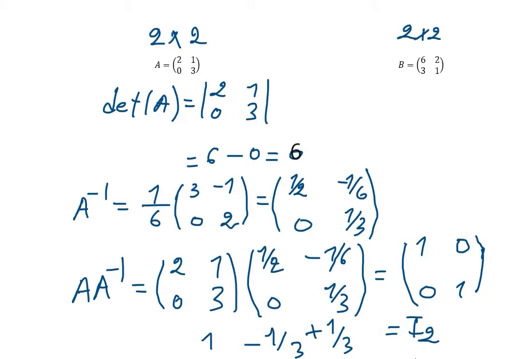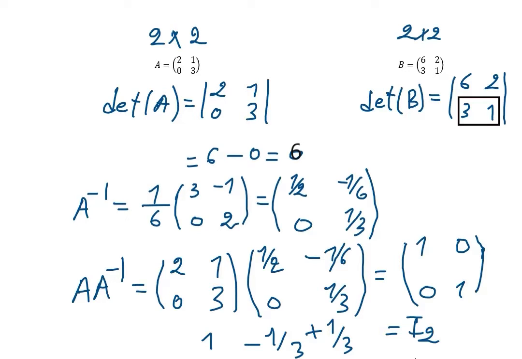And for B, when we compute the determinant of B, it is the matrix 6 2, 3 1. When we look at these two rows, the first row 6 2 and the second row 3 1, they are proportional.